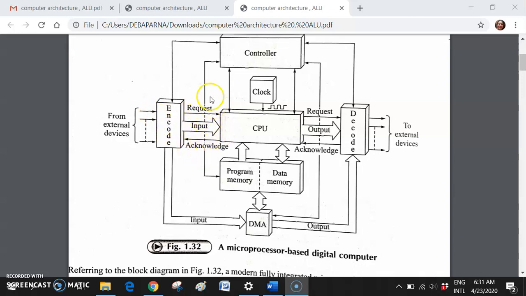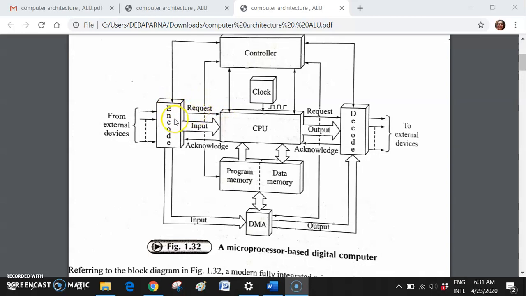Then there is a part here that is not mentioned in the diagram, called the multiplexer. What is the job of the multiplexer? Suppose parallel data is coming. Now that parallel data needs to be converted into serial data, that means only one data line, in which only streams of zeros and ones are going.